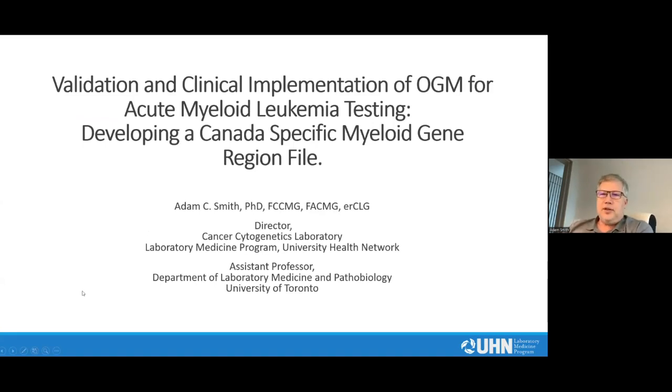So I think as many of you probably know, we've been working at UHN for a while in terms of validating myeloid applications and specifically acute myeloid leukemia testing. One of the key issues that we're interested in is the use of our myeloid gene file or region file.